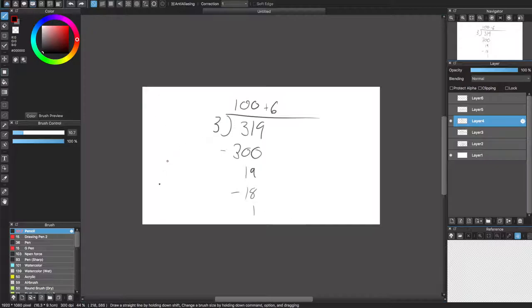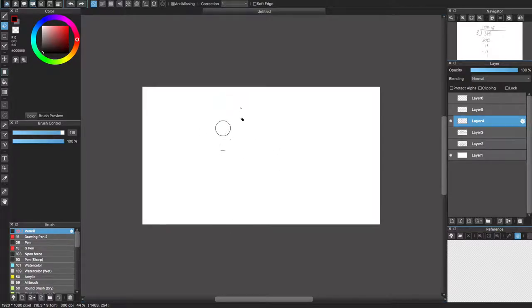Alright, so how we write this is simple. We'll just add up 100 plus 6. Just going to erase all this out.